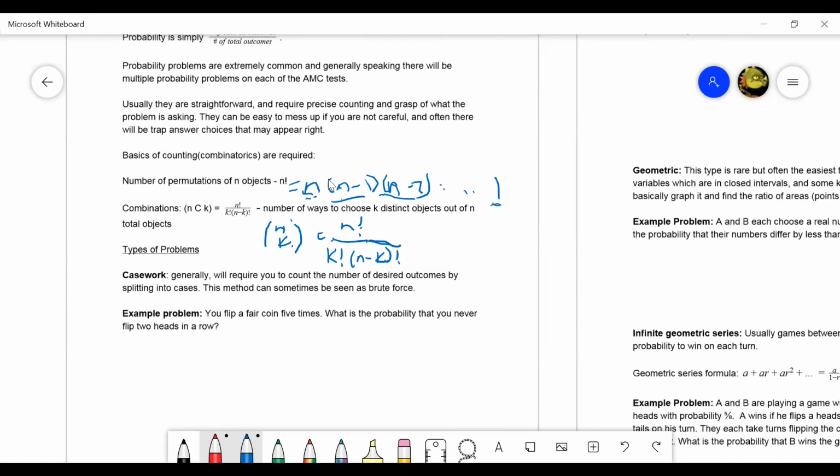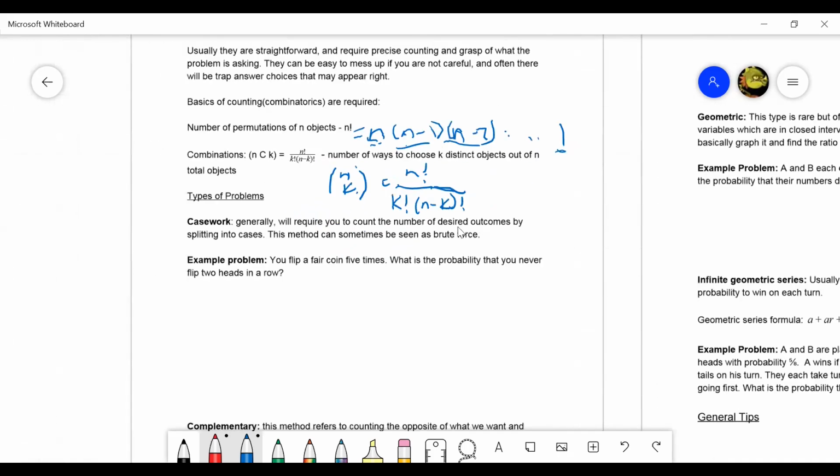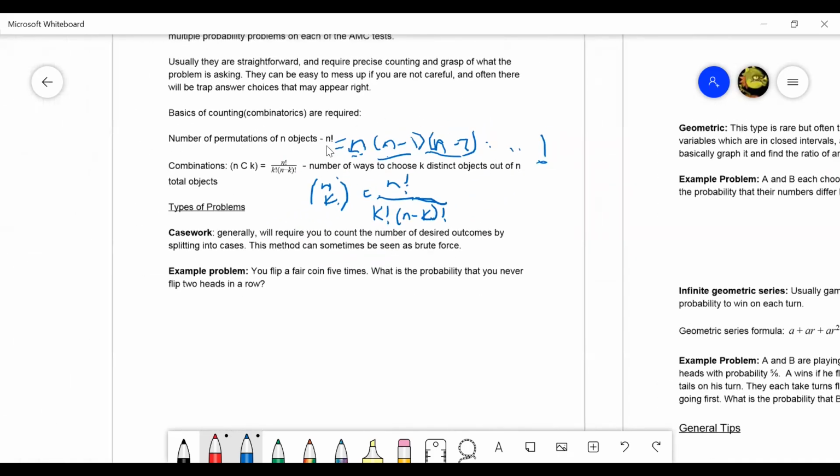The factorials have the same definition as above, and the symbol n choose k represents the number of ways to choose k distinct objects out of n total objects. This is when all objects are distinct, and in most cases your objects are not the same, so you can use this.